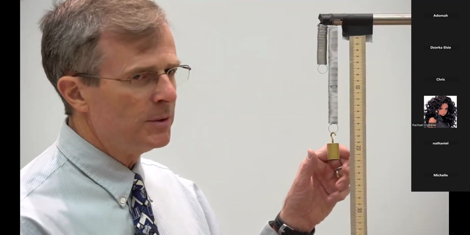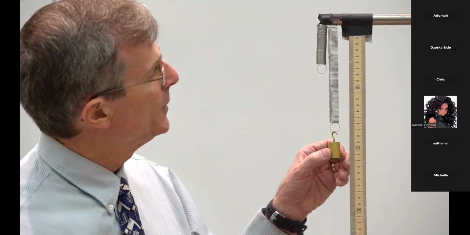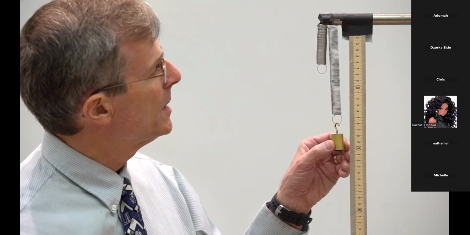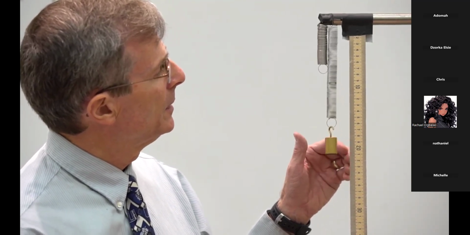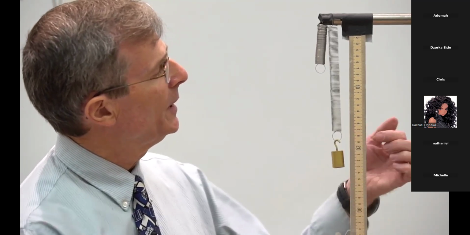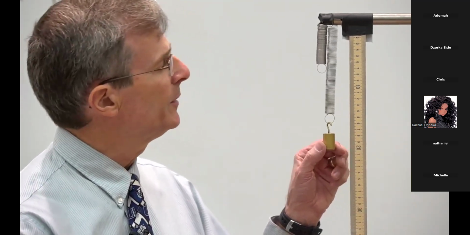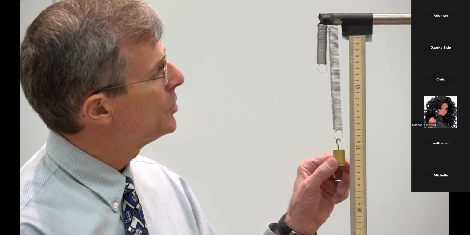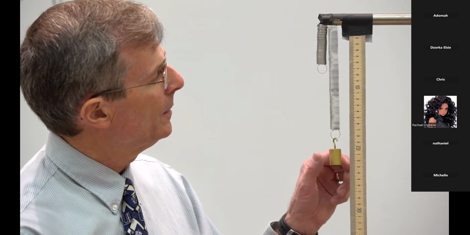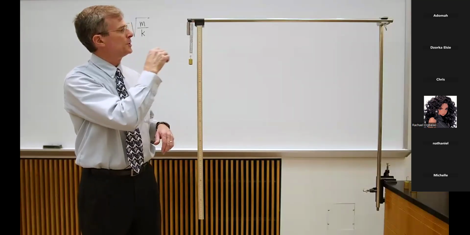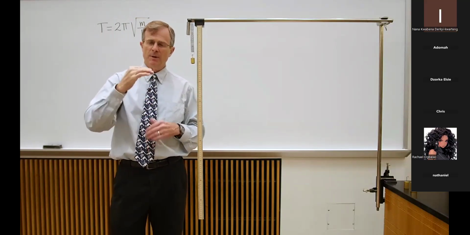So to create a motion with an amplitude of 1 centimeter, I'm going to want to move this mass 1 centimeter up and release it. And so now it's oscillating roughly between 18 centimeters and 20 centimeters. I could have done the same thing by moving it down to 20 centimeters. And then the overall motion is still 2 centimeters from top to bottom.